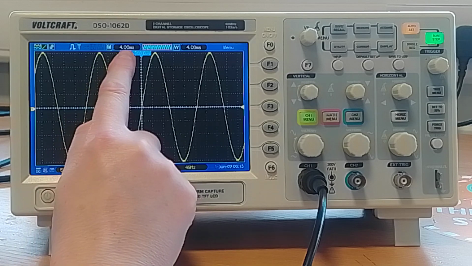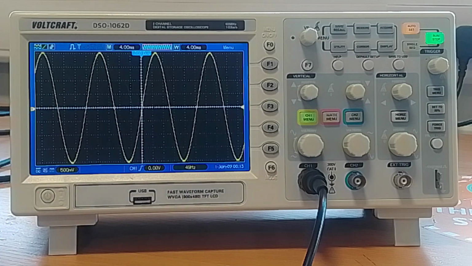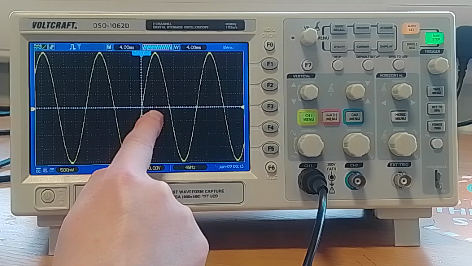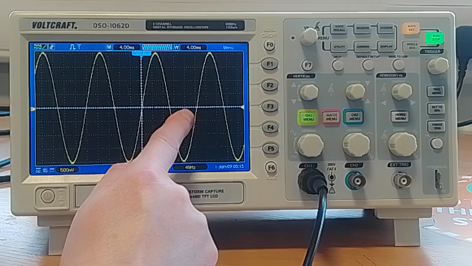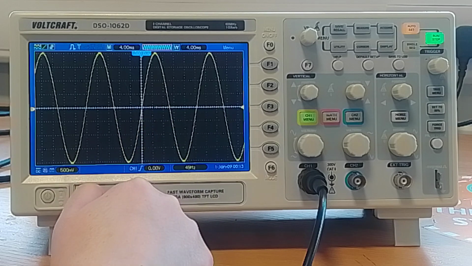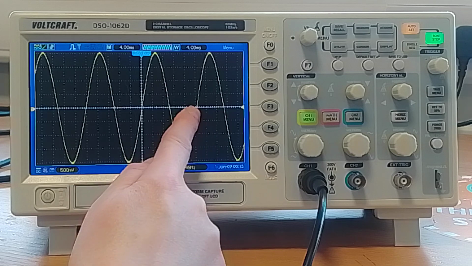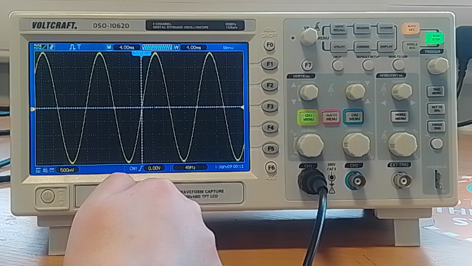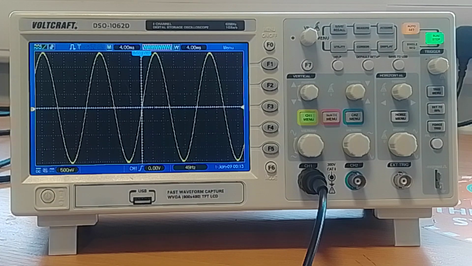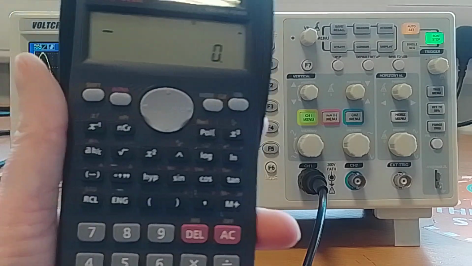So I'm now set to 4 milliseconds, 4 times 10 to the minus 3. And I've got 1, 2, 3, 4, 5, maybe 5.1. Each one of these wee hatch marks here is 0.2 of a box. So I think that's about 5.1 boxes. Let's have a look.